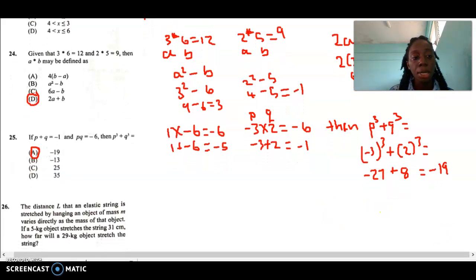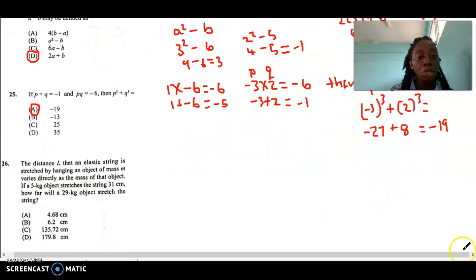Moving right along. Now for question 26, the distance L that an elastic string is stretched by hanging an object of mass M varies directly as the mass of that object. Now, if a 5 kilogram object stretches the string 31 centimeters, I like to make a graphical representation of whatever is given in a question.